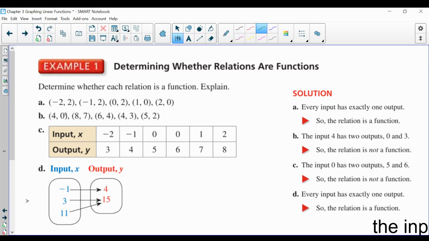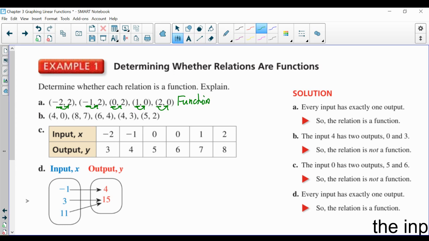Input -1, I have a 2. Input 0, I have a 2. Input 1, I have a 0. And input 2, I have a 0. None of my inputs repeat, so every input has exactly one output. I can see that it's a function.